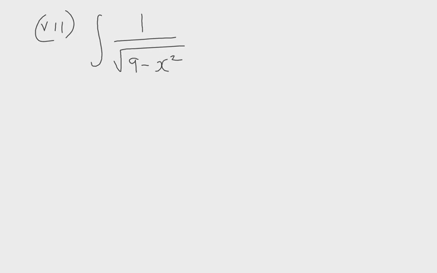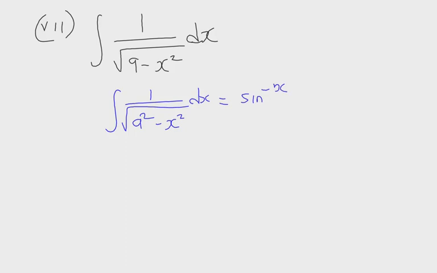So another one, integral of 1 over square root of 9 minus x squared dx. Now this is compared to square root of x squared minus x squared dx, which gives us half sine x over 8.